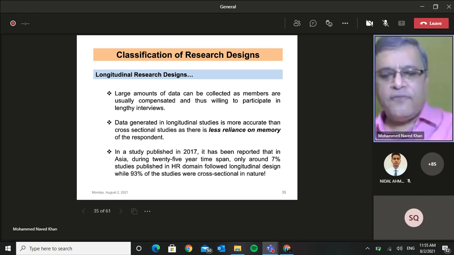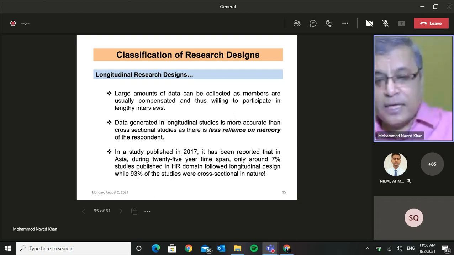That way they don't have to rely too much on memory, whatever they have experienced is fresh in their minds, and they can give you responses immediately. In fact, we will discuss later that nowadays a lot of technology is being used by researchers in this context, and even real-time data can be generated in certain situations if you have a fixed panel with you.